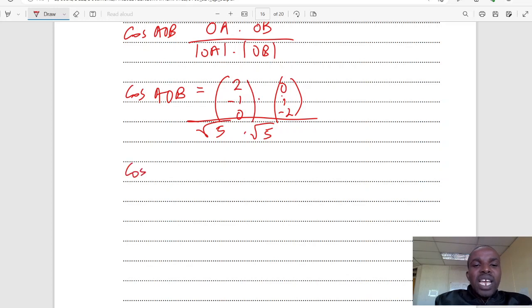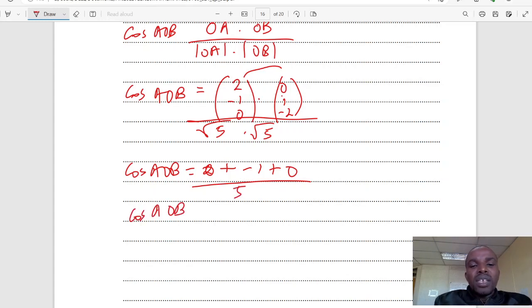The dot product is 2 times 0, which is 0, plus minus 1 times 1, which is minus 1, plus 0 times minus 2, which is 0, over root 5 times root 5, which is 5. So cos AOB is equal to negative 1 over 5, like this.